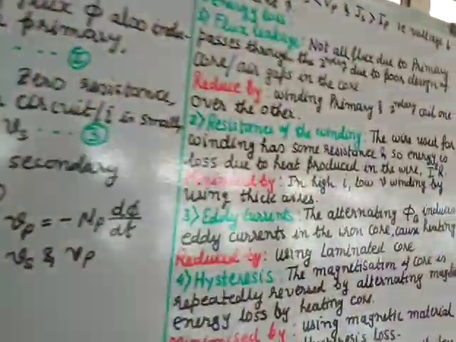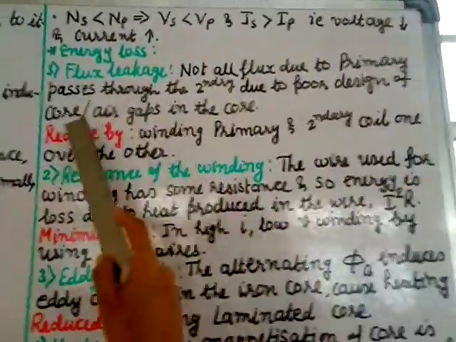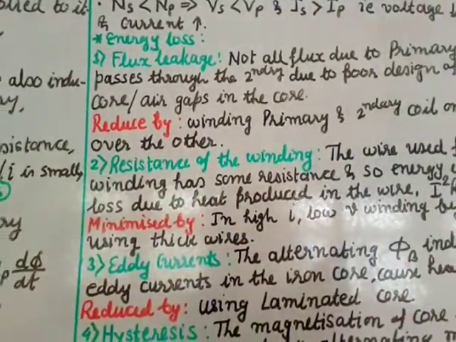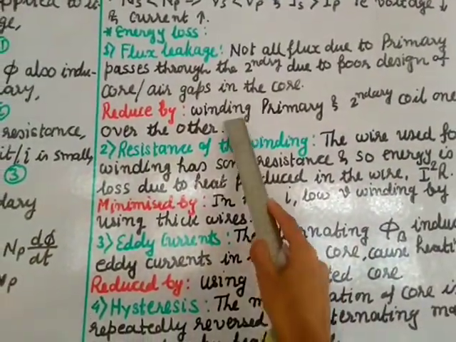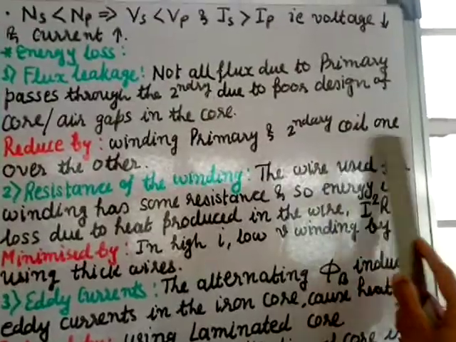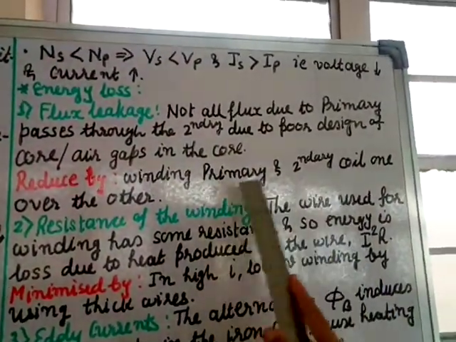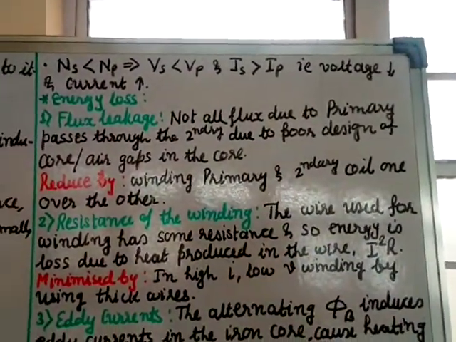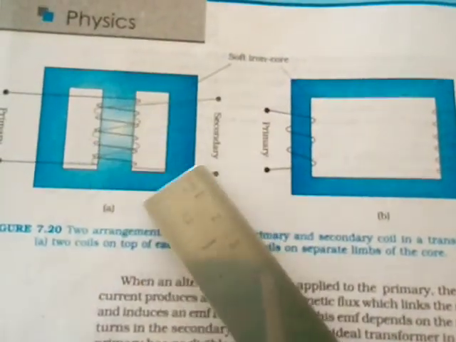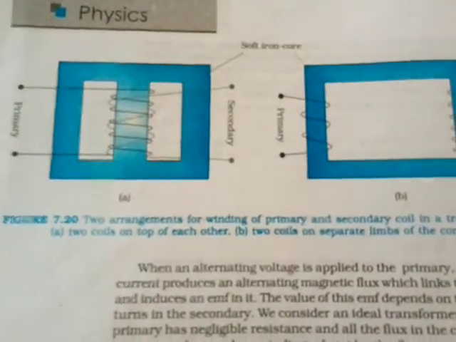Why not possible? Because of the poor design of the core or air gap in the core. Now how to reduce it? Winding primary and secondary coil one over the other. So if you wind both the coils one over the other, we can reduce it. See here, this is the primary coil, this is the secondary coil, they are wound together, so we can reduce the flux leakage.